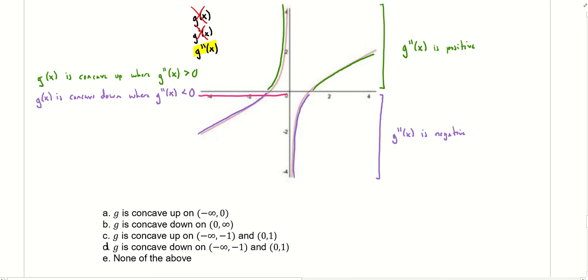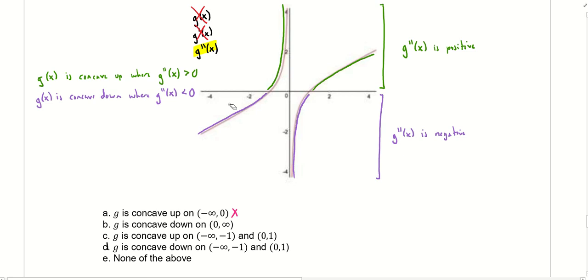Now we can see immediately that that's not true because we actually switch signs for our second derivative there. So we're switching from concave down to concave up on that interval. So it's not going to be one type of concavity on that whole interval because our second derivative is changing signs from negative to positive, so that's not true.